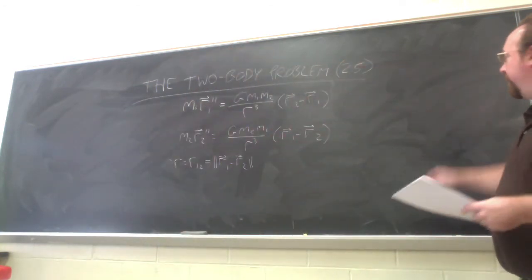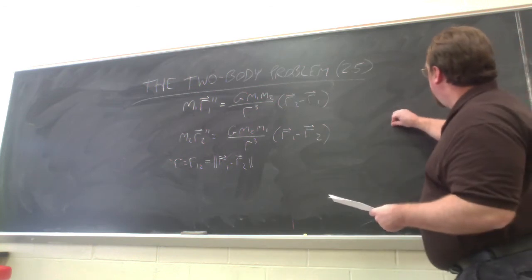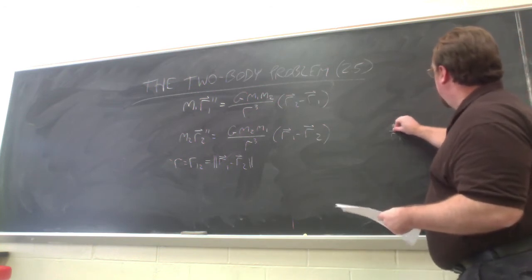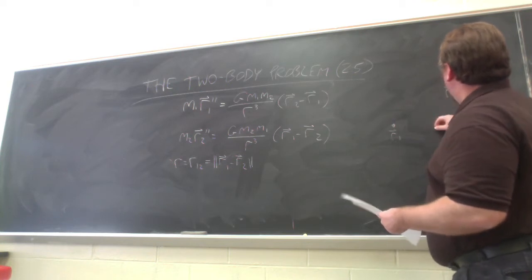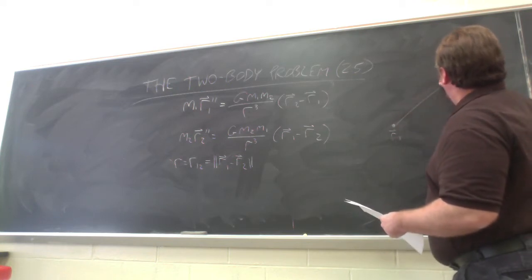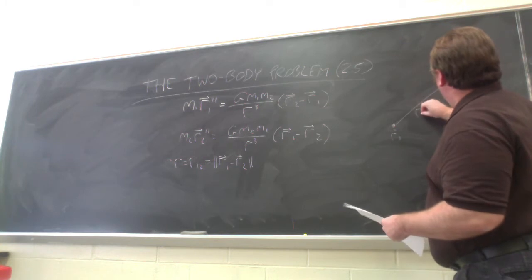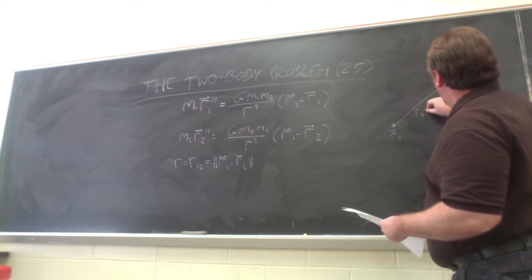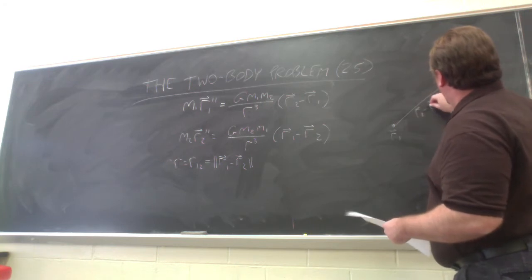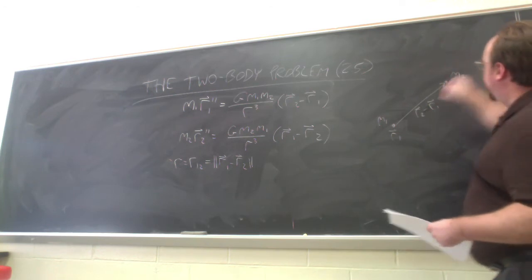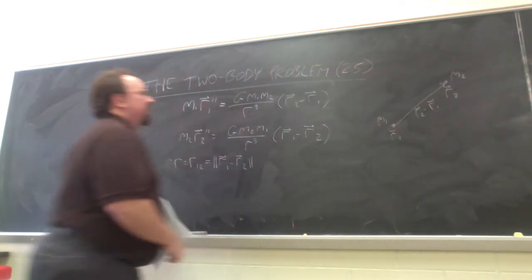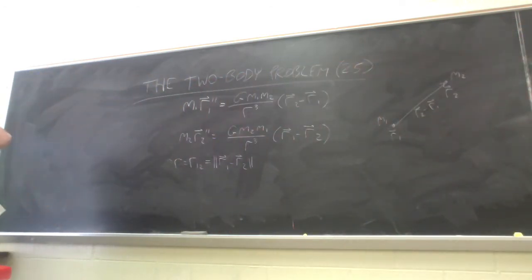So the idea is, if R1 and R2 are the positions of two objects, then this vector is R2 minus R1. This is an object of mass M1, this is an object of mass M2. G is the gravitational constant.